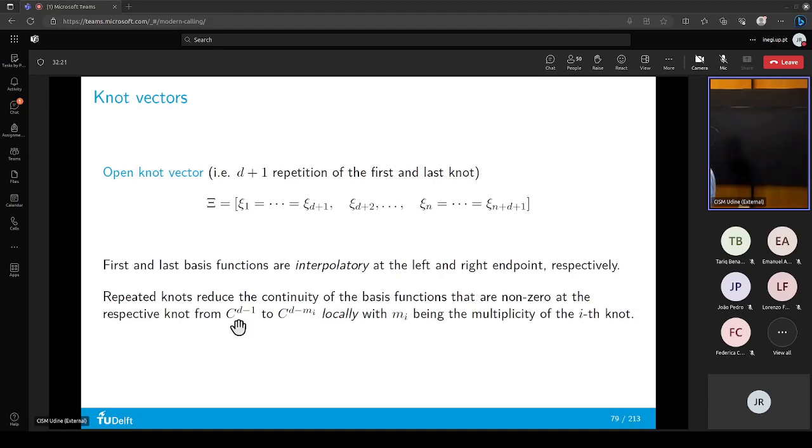And technically, how many times can we repeat a knot? d times, well, technically we can even do d plus 1, then it becomes DG. Then the two parts of this spline fall apart. You can even create DG coupling with this. But practically I would say we go down to maximally d. That would allow us to have kinks.